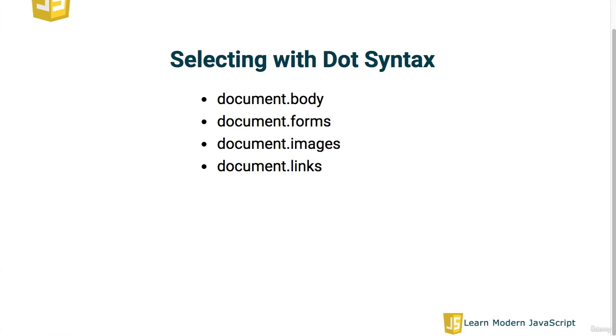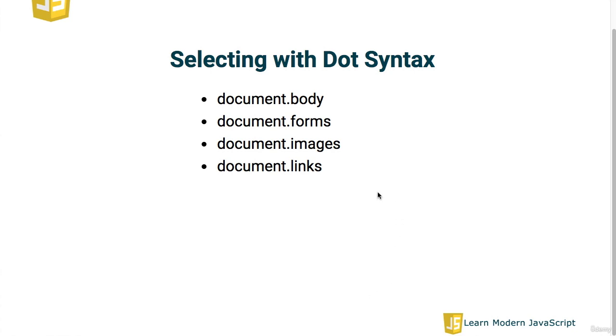Document.forms returns an array of forms that exist on the HTML page. Document.images returns an array of images that exist on the HTML page. And document.links returns an array of links. Let's look at a few of these so you can get your feet wet with selecting DOM elements and making some minor modifications to them.